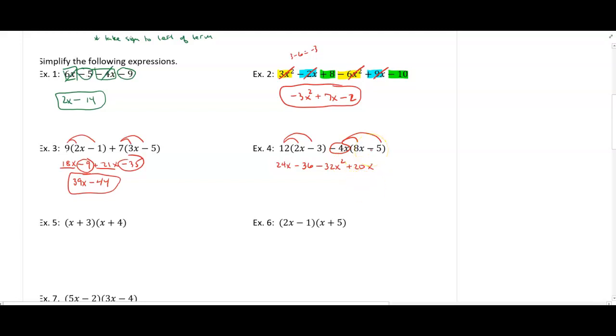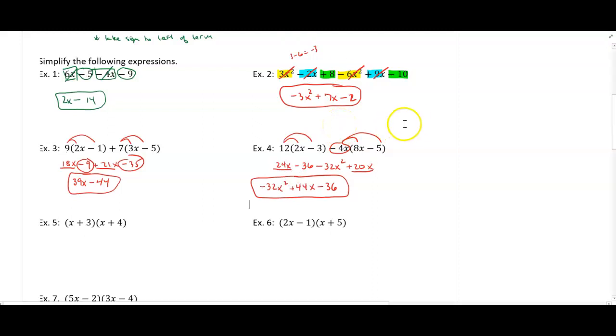Now when I write this in order, I want to go in descending order by exponents. So negative 32x squared. Then 24x plus 20x is going to give me plus 44x. And then minus 36. And I am done.